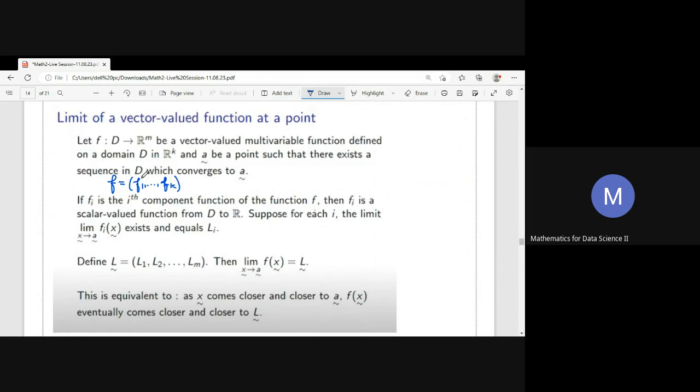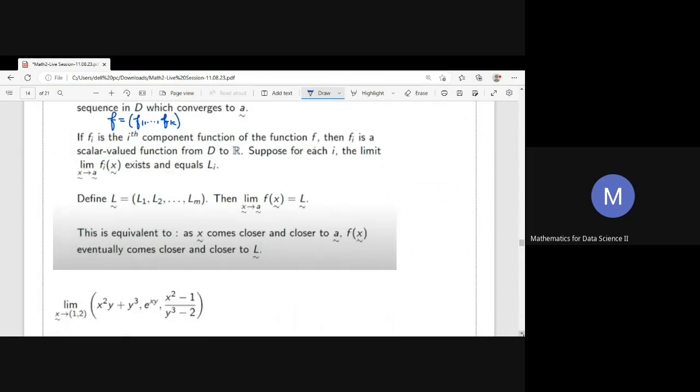Each of your functions fi, if they have a limit, then only you have a limit for the function f. Here you are having a vector valued function, so f is not just a number, it is a vector function.